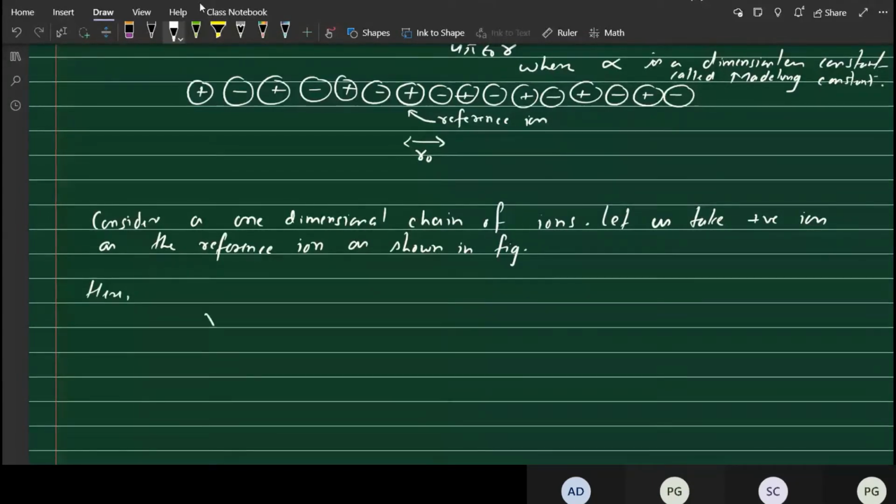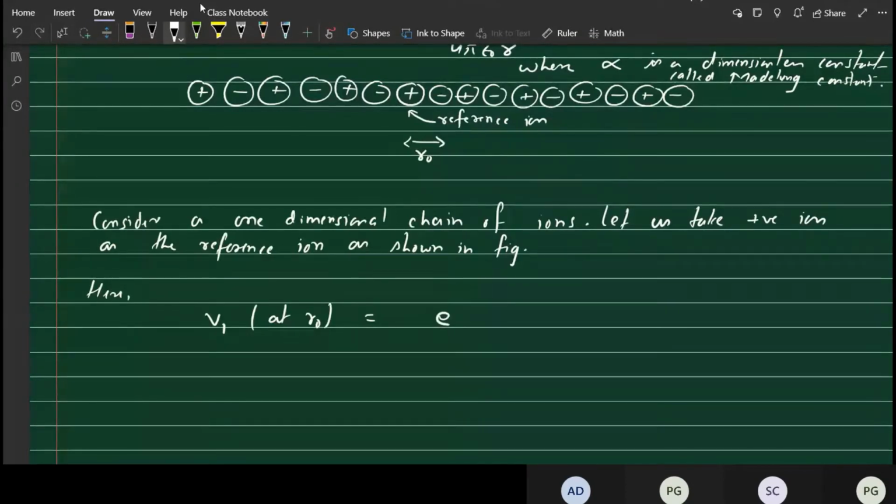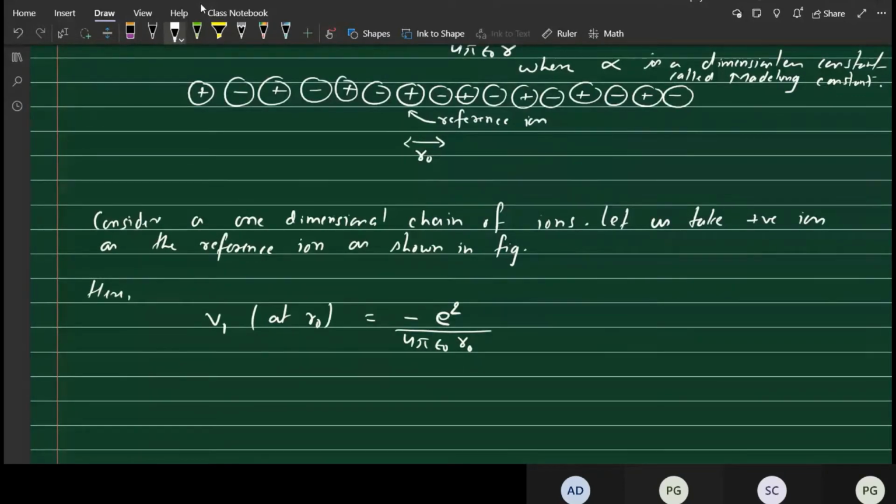Here V1 at distance R0 can be taken as, the charge on the positive ion is E and the charge on the negative ion is also considered E. So total charge Q1 Q2 will be E square, and 4 pi epsilon naught, the distance between the two charges is r naught.